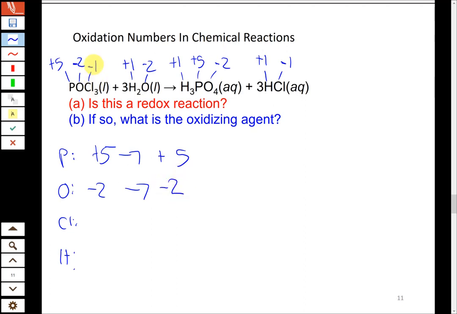For chlorine, it's -1 on the reactant side in POCl3, and on the product side, it's also -1. And then finally, hydrogen is always in covalent compounds, so it's +1 in water. On the product side, hydrogen appears twice, but it's +1 in both cases, +1 for H3PO4 and +1 for HCl. Hydrogen stays the same. So all of the oxidation numbers are staying the same between the reactants and the product side, which means that this is not a redox reaction.